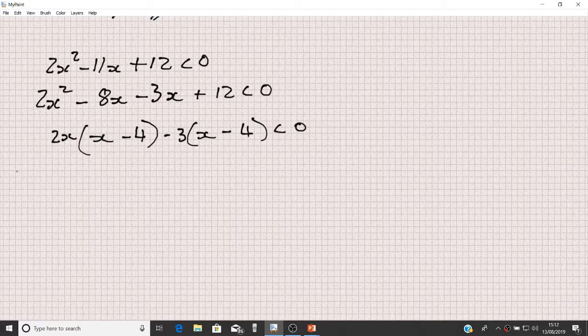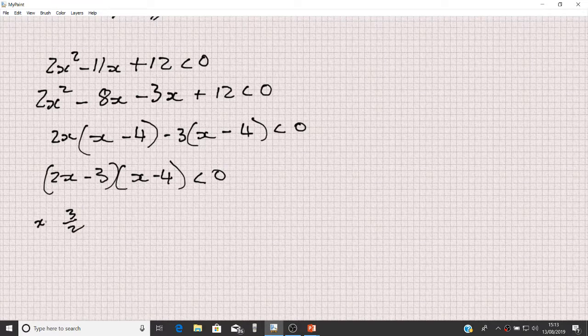So the factors would be 2x minus 3 and x minus 4, and all of those are less than 0. So the critical values, the solutions of this quadratic that we're interested in, are x is 3 over 2, and x is 4.